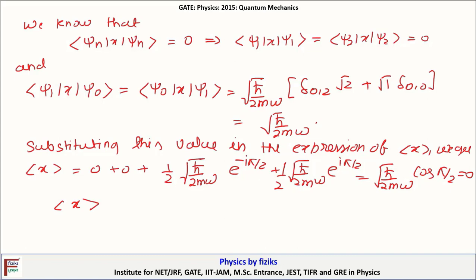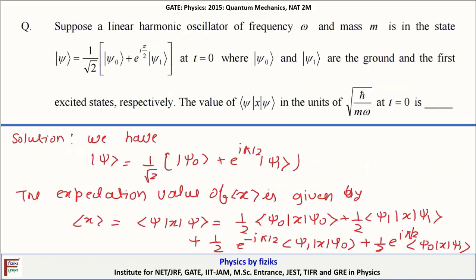So the value of average x for the given wave function is 0 and this is the answer.